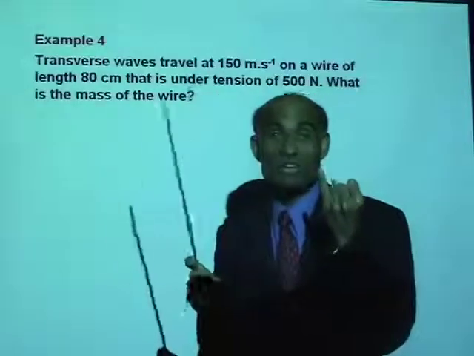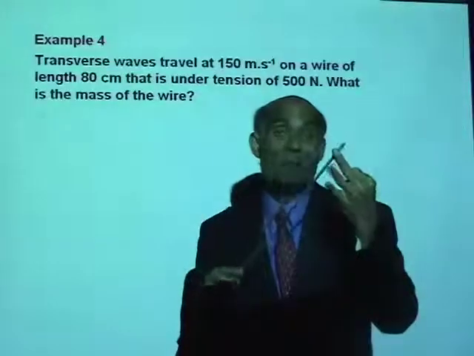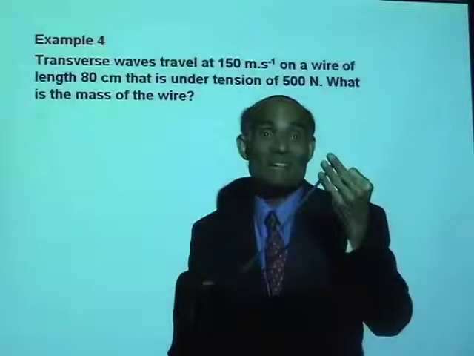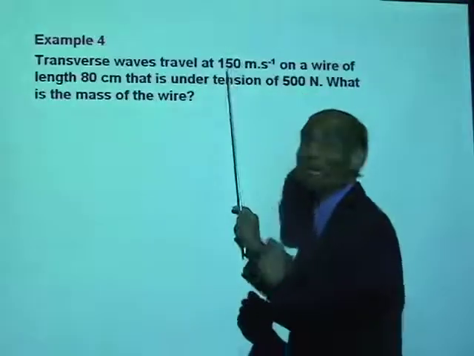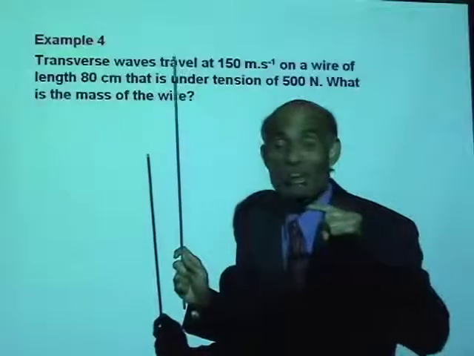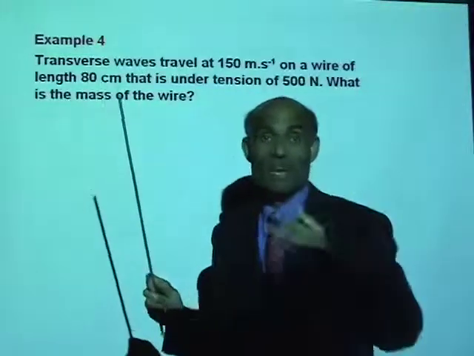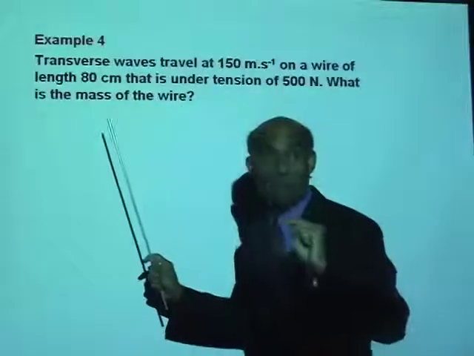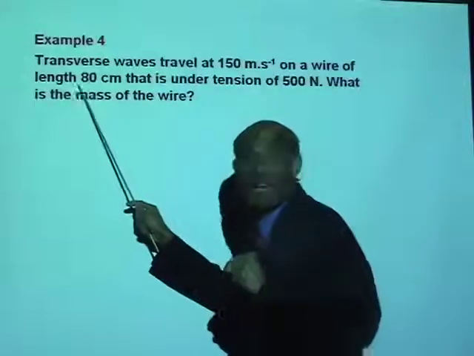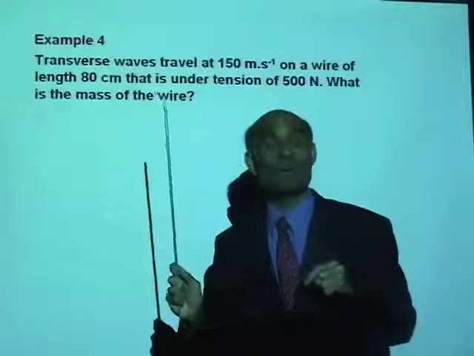You see, there are three quantities involved there: speed, tension, and mass per unit length. If you know the speed and the tension, we can use those two values to find the mass per unit length. Is that right? And once you know the mass per unit length and the length of the wire, we can calculate the mass of the wire.